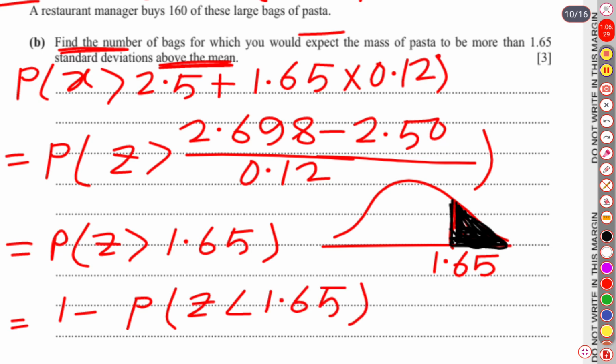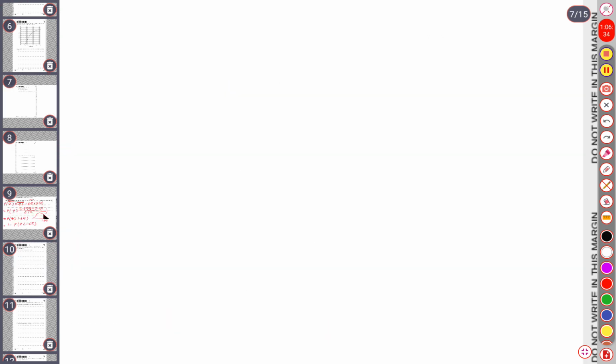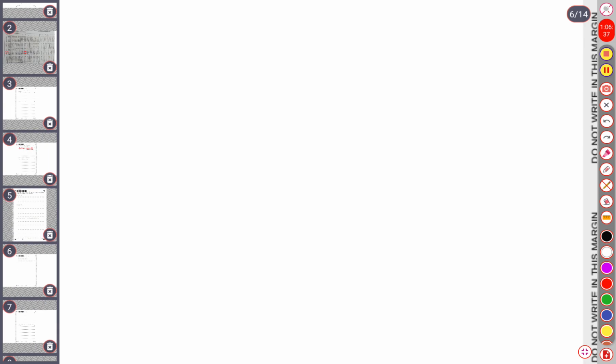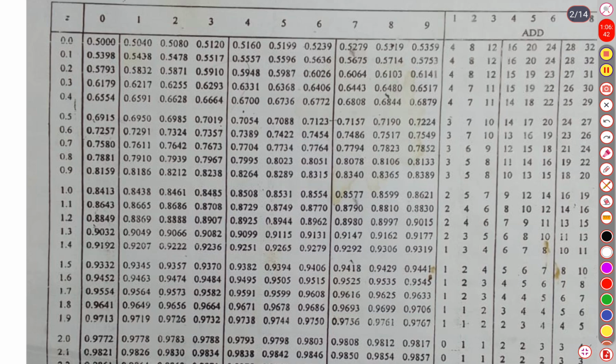Now we will find the corresponding probability when our z score is 1.65. So our z score is 1.6. This is the 1.6 row, and the column is the fifth column, so it is 0.9505. So 1.6 and 5 is our z score, and the corresponding probability is 0.9505.